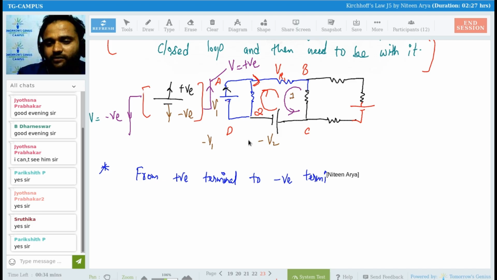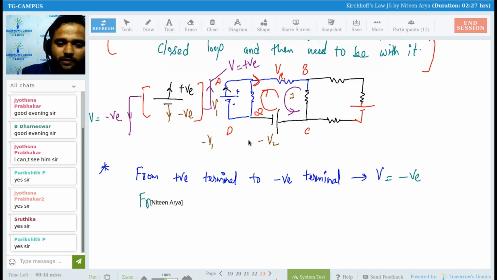I'm talking about terminals of the cell, not the terminal of an airport. This is negative, this is positive. Voltage is taken as positive? Positive or negative? Negative, because we are reversing the direction.